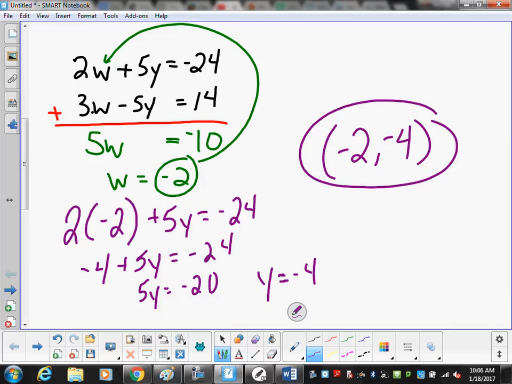Okay? Now, sometimes you end up with a fraction as one of your answers, and if it's the first one you find, then that makes it not quite as easy, but it's still not too difficult, especially with the use of calculators. All right, questions on that one? Can I move on to the next one?